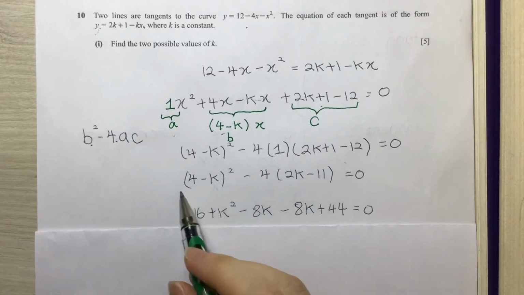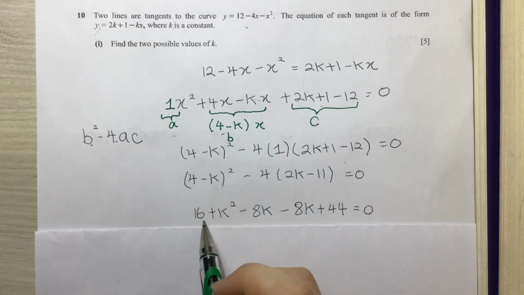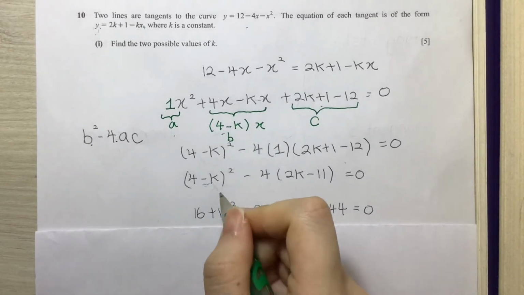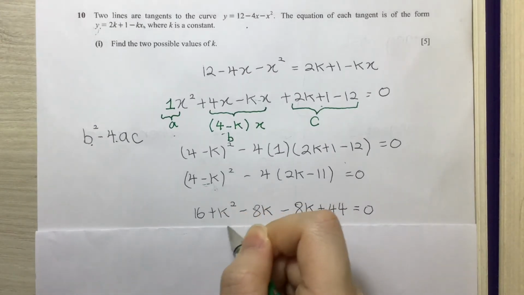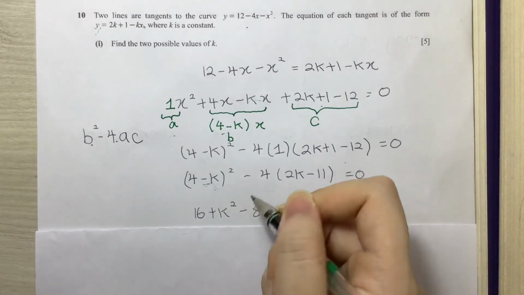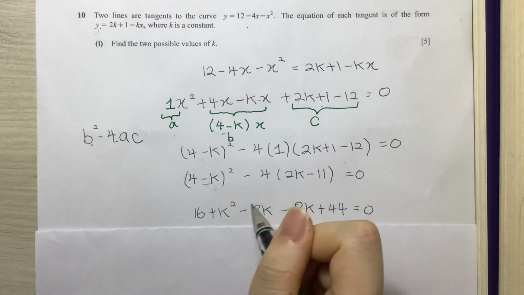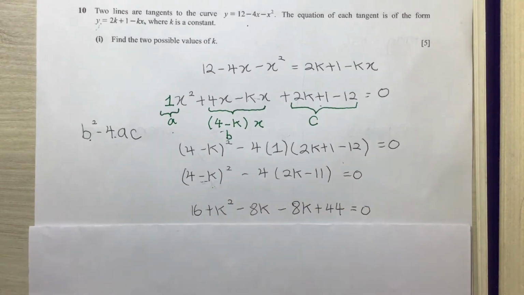As you expand this bracket, you need to be careful with the negative signs. Negative k multiplied by negative k will give you a positive k squared, but negative 4k minus 4k will give you negative 8k. So all you have to be careful of is the sign in front of the numbers.